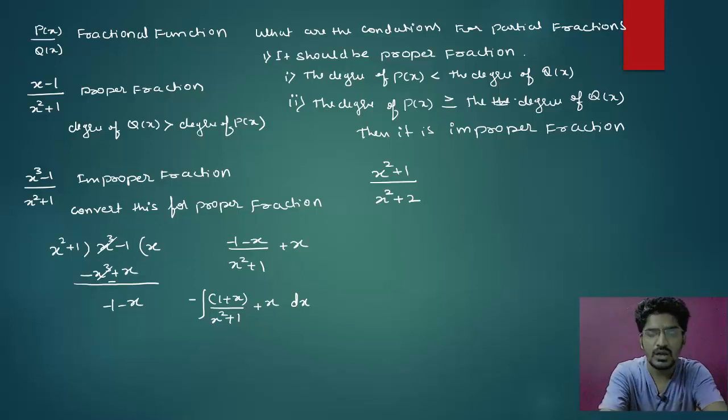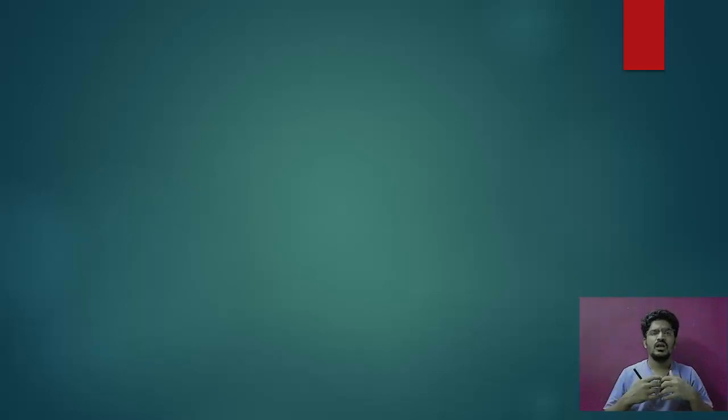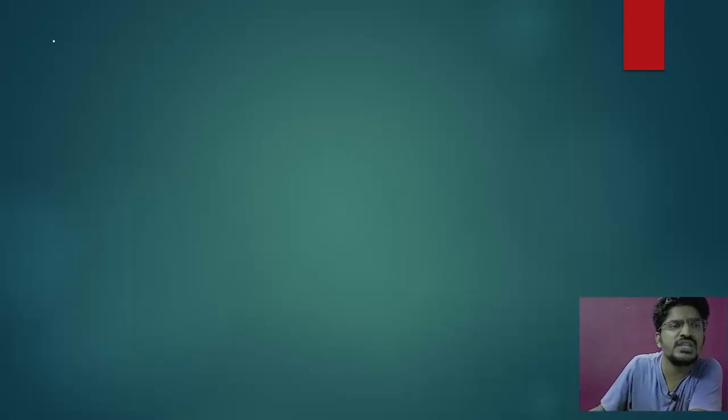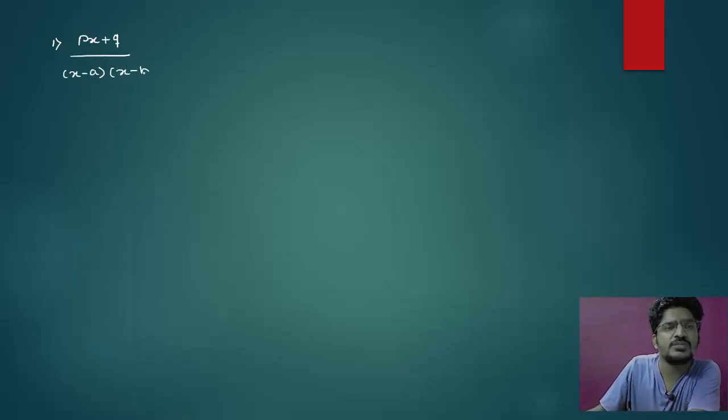Now let us go for the solution of partial fractions. Here we call it the decomposition. This method is called the decomposition of fractions to the standard form. Okay. So suppose you see the first one, if we have px plus q divided by x minus a into x minus b, now I have to decompose this.